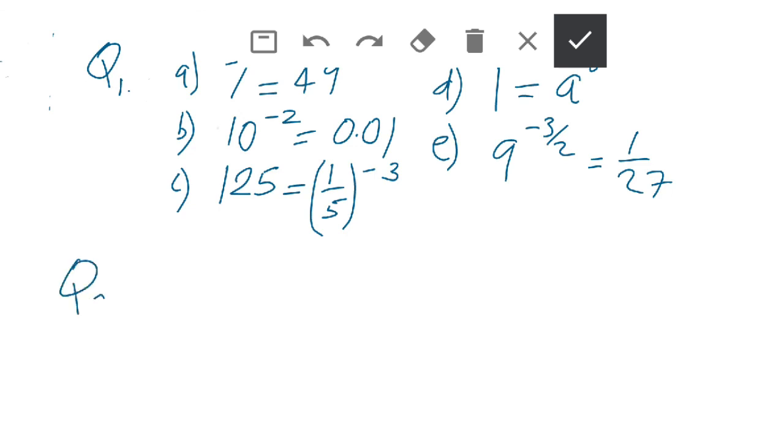You're supposed to express in logarithmic form. And question number 2, express in index notation.